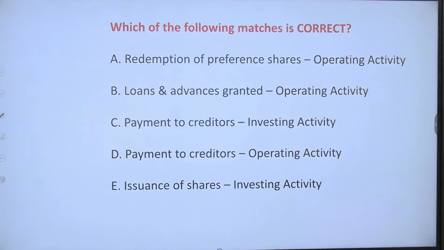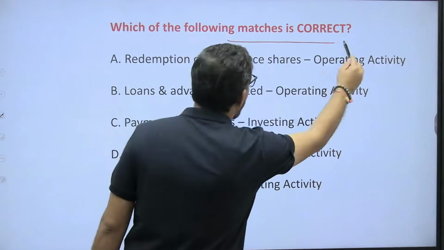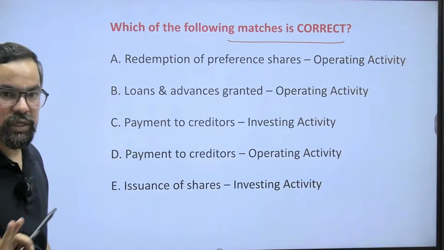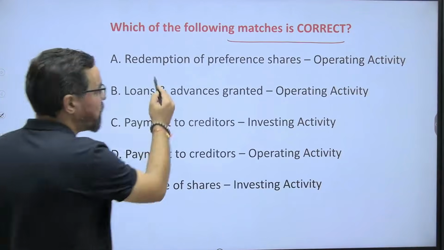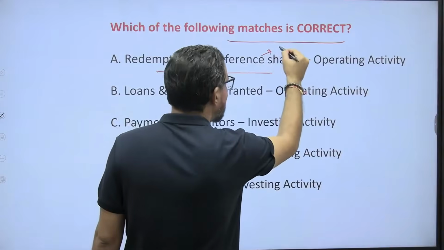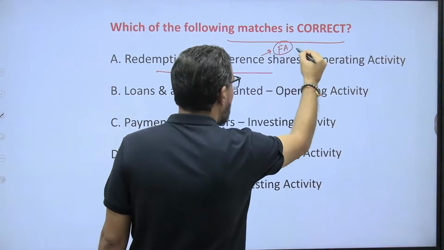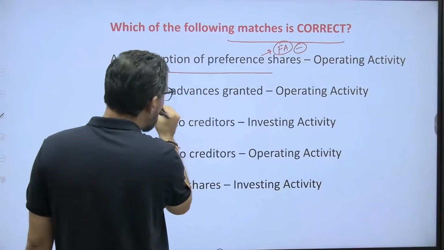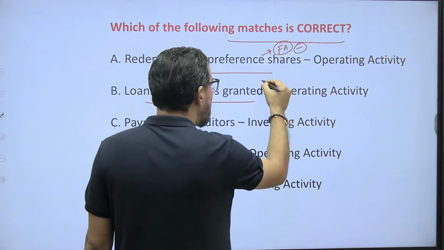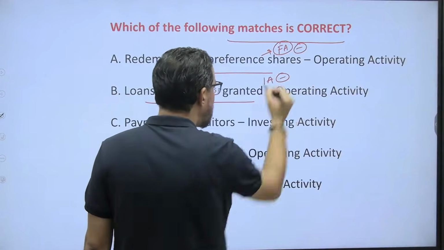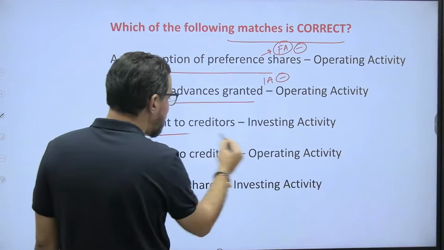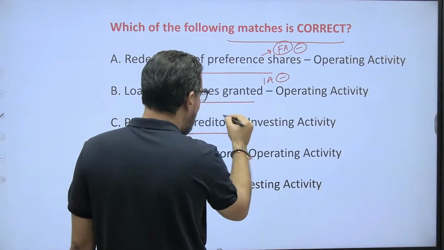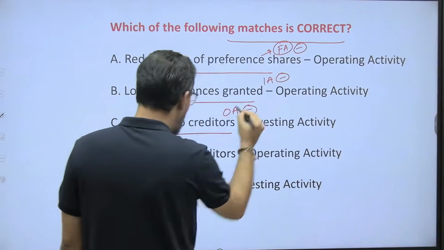Next one. Which of the following matches is correct? Okay, so you have to match with each other. Redemption of preference shares comes under financing activity. It is an outflow here. Loans and advances granted is investing activity and an outflow here. Payment to creditors is operating activity and outflow.